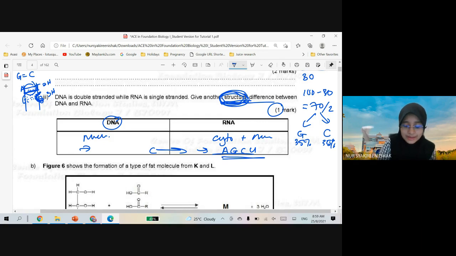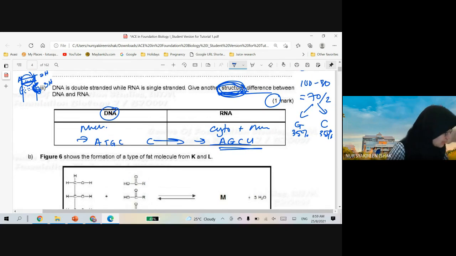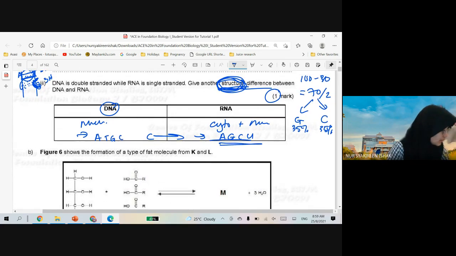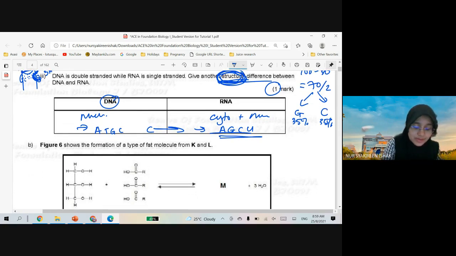So kalau RNA, the bases are guanine, adenine, cytosine, uracil. Kalau sebelah sini adalah adenine, thymine, guanine and cytosine. Okay, so itulah the differences between the molecules. And then kalau bagi tahu in terms of structure juga, kalau DNA the molecule is larger.